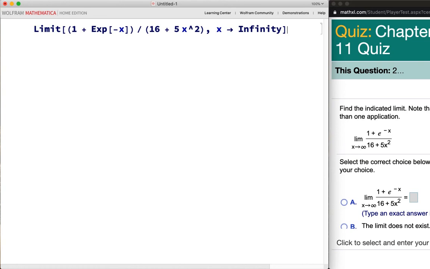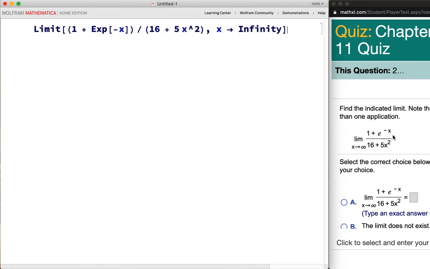Okay, now before I press shift enter, let's try to intuitively understand what's actually happening in this problem. So you can see there's an exponential expression here, e to the power negative x, and as x becomes very, very, very large, this expression is going to become 0.